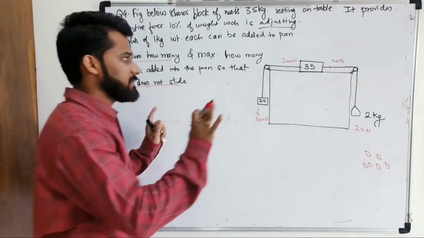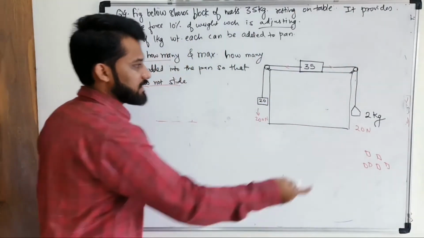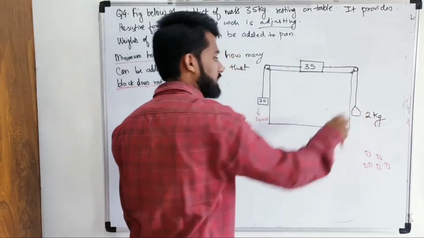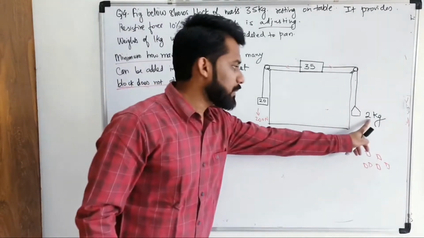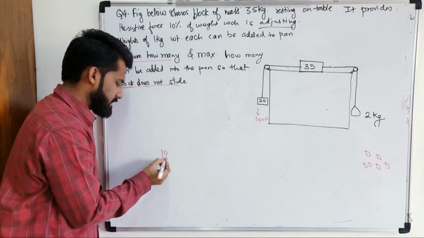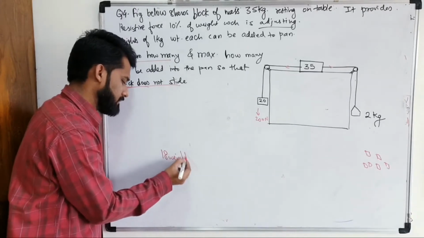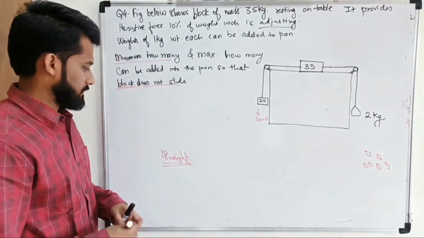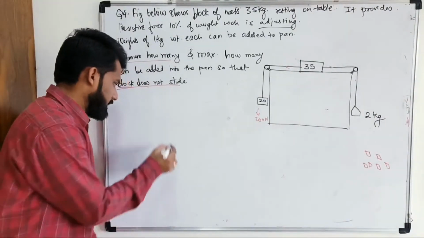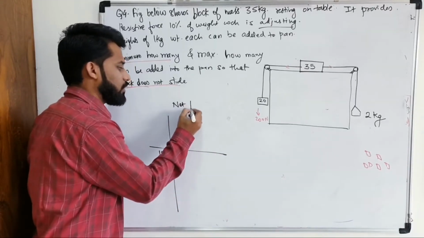So straight away, there is a very easy way. What I will do is first make both the weights equal. How many weights do I need to put in? There is already 2 kg in the pan. If I put 18 such 1 kg weights, this will become 20. This is 20. So if I start with 18 weights, tell me, what will be the net force on the block?